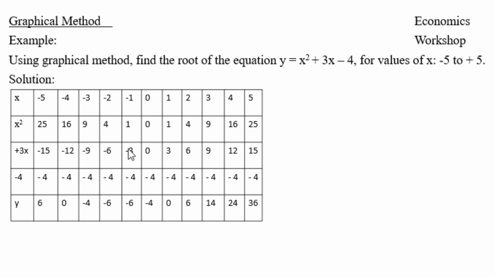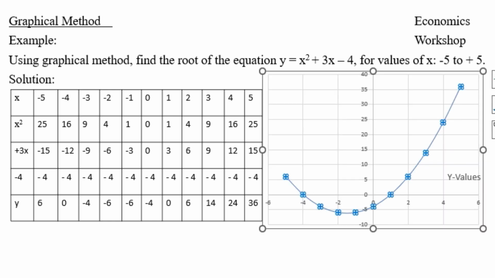So this is the first step to take. We draw up the tables of values for x and y. The next step is to plot the values of y against their respective values of x on the graph. So here we have the value of y to be 6 and the value of x is minus 5.